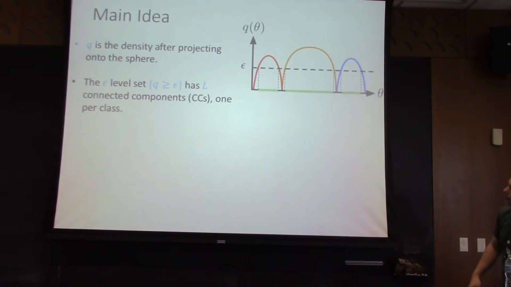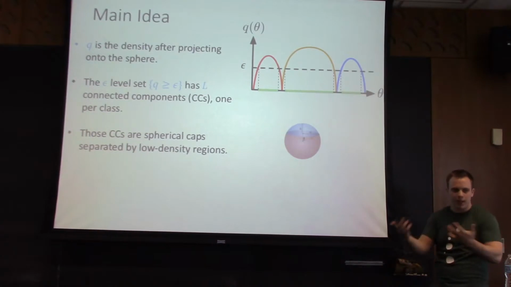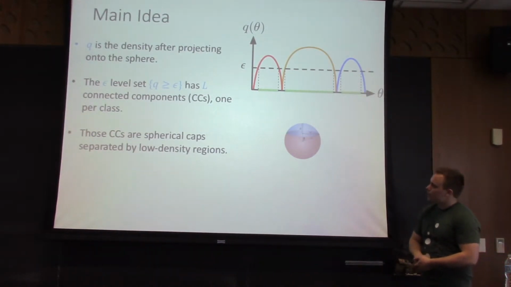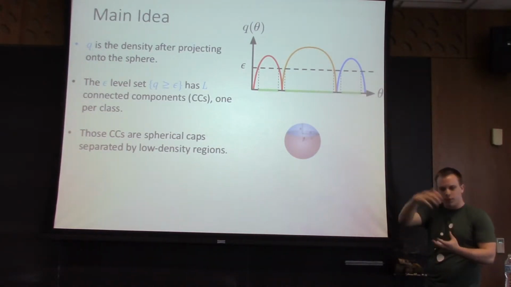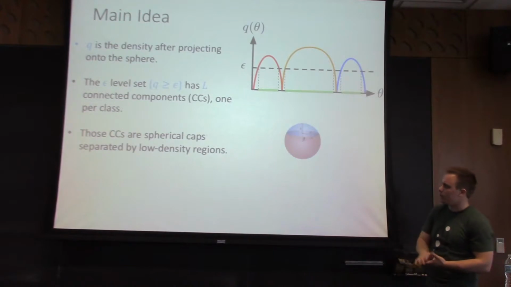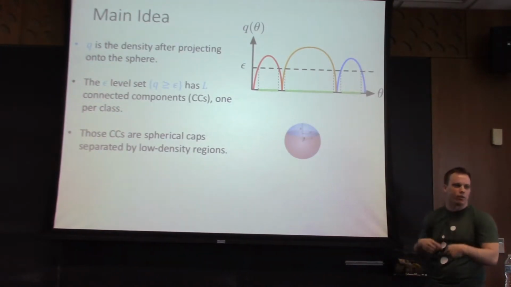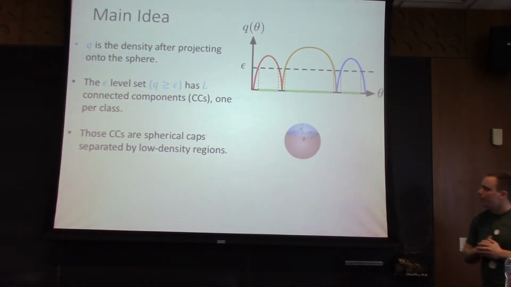Okay? And the second fact is that these connected components have a simple geometric shape. They're not complicated objects. That would be surprising because everything we put in was simple. And so it turns out that they're always spherical caps. So you can imagine cutting a piece of the sphere off with the linear separator, and that's going to be what's left. Or equivalently, you could choose a point and you look at all of the points within some small angular radius. And this is describing the shape of these connected components.